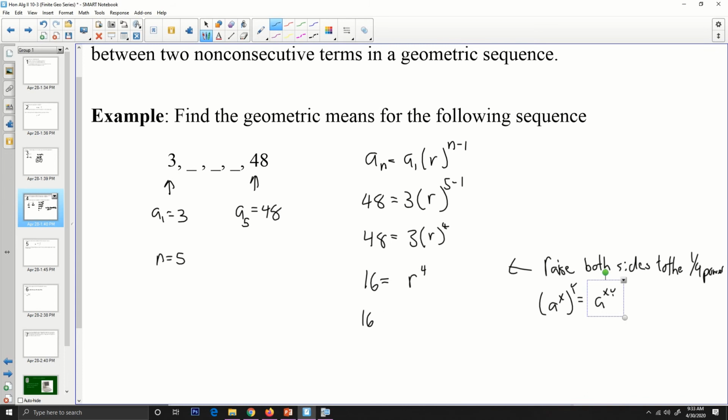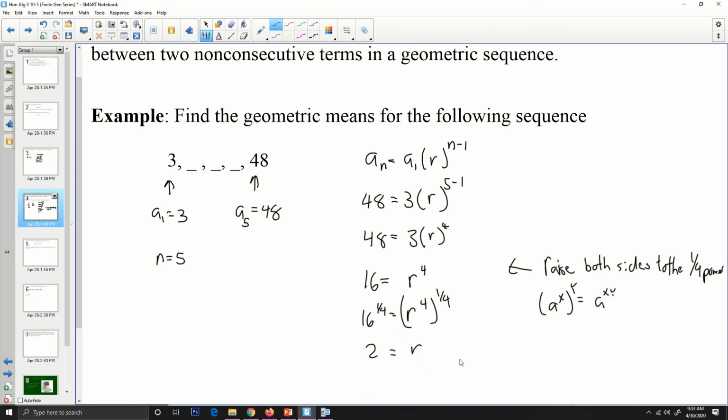So 16 to the 1/4, and then r to the 4 to the 1/4, and that'll give me r, and then 16 is a perfect fourth power. It is actually 2. And so I know that my common ratio is 2.